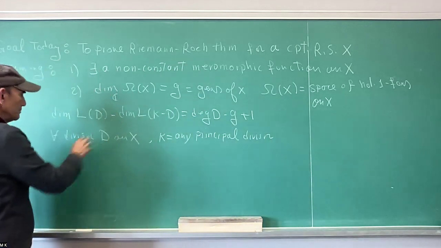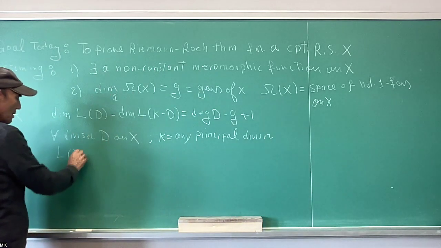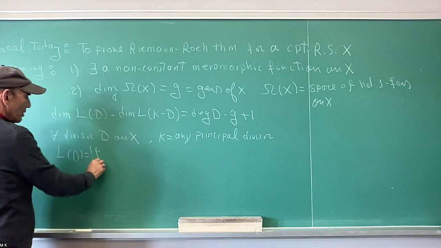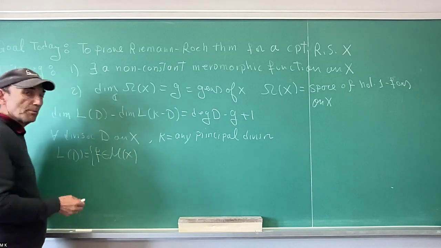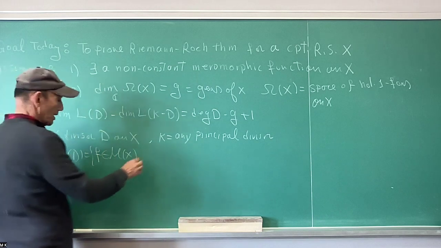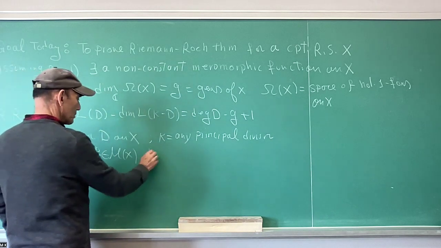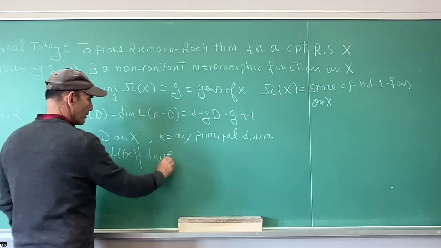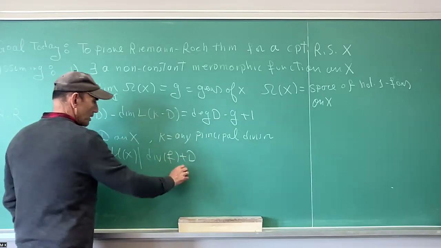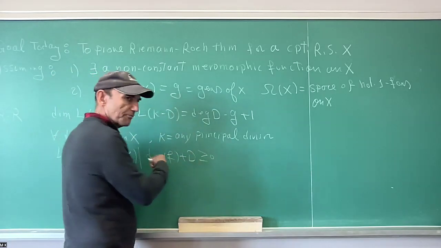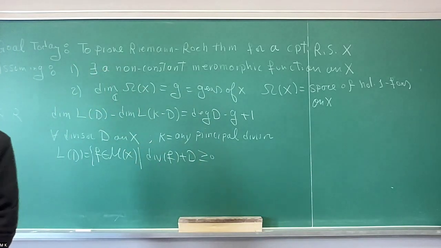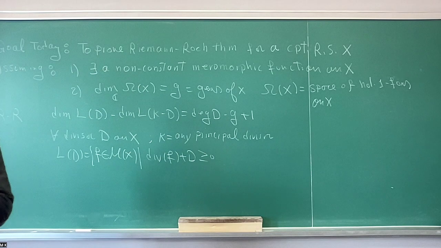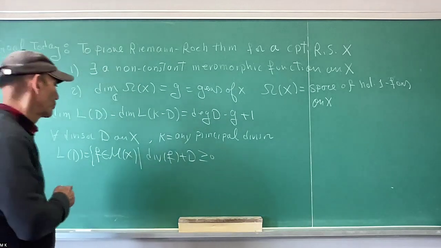And L of D is the set of all meromorphic functions f on X, as you remember, such that the divisor of f plus D is non-negative. So this was the definition of this space L. You remember we proved that this is finite dimensional by a kind of induction argument, step by step, in the last lecture.